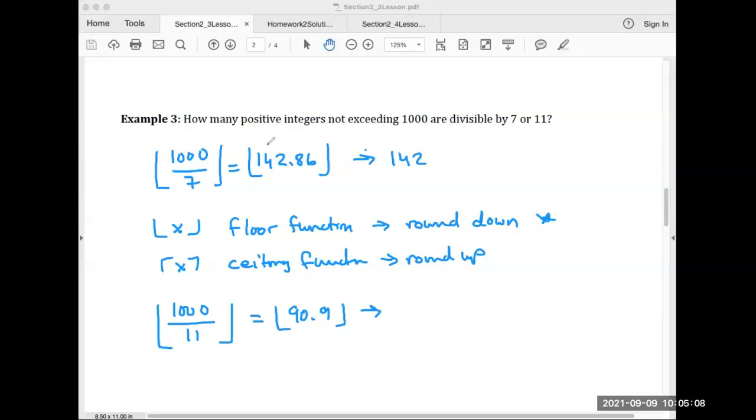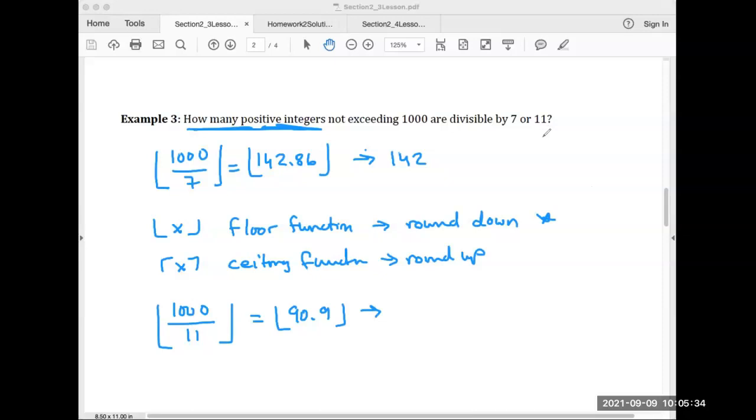I know that I need to round down, right? If I do 1,000 divided by 7, I get 142.86. What I'm looking for here is how many positive integers are divisible by 7, so it doesn't make sense to have a decimal because I'm counting integers.